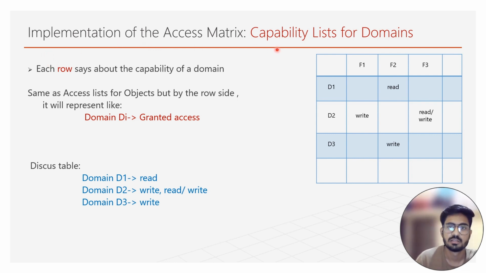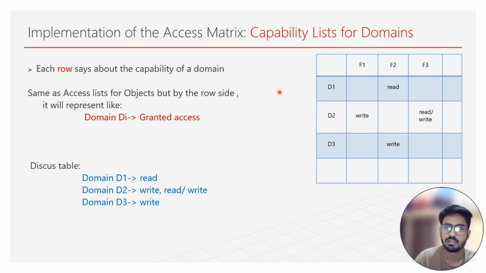Implementation of the access matrix: the capability list for domains. This is the third one. Each row gives the capability of a domain. This time we will traverse only the rows, whereas previously we saw columns.